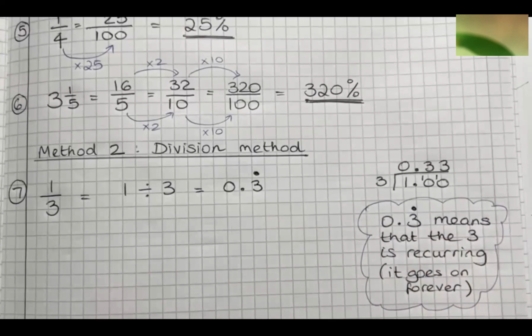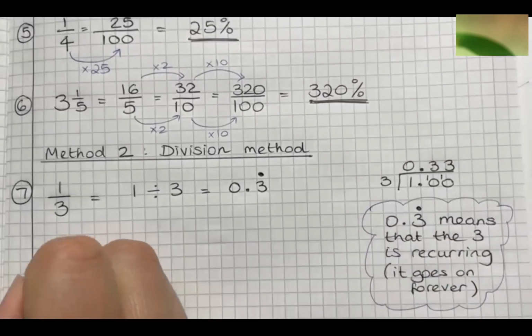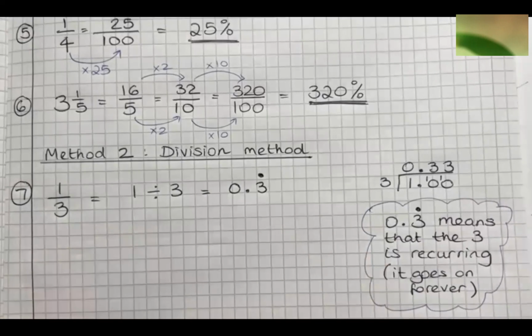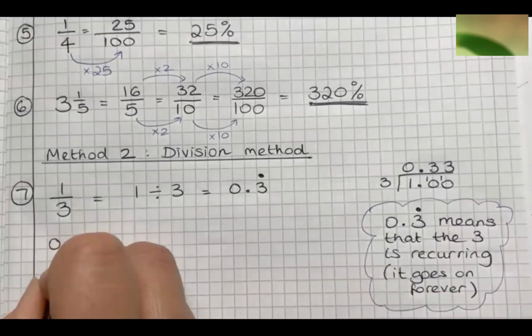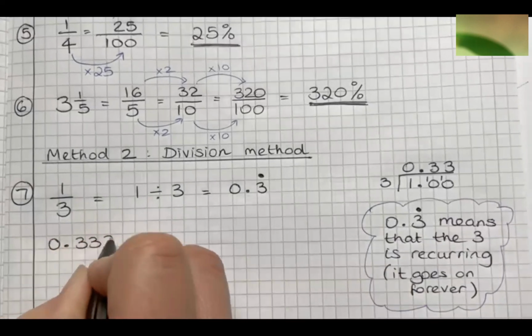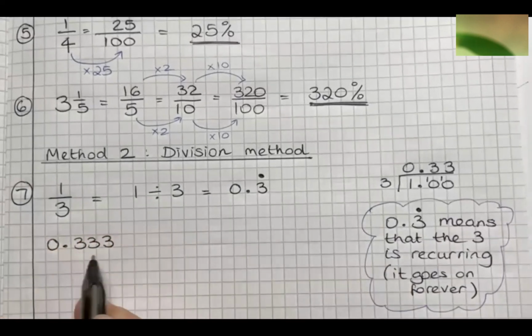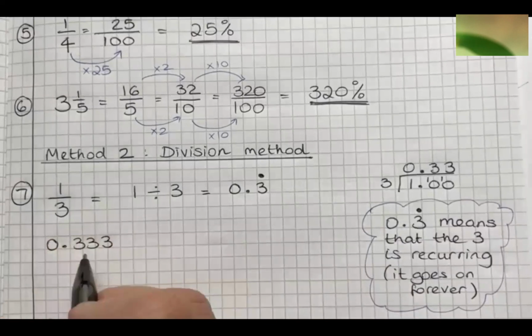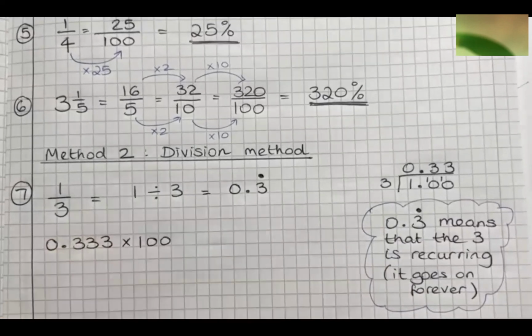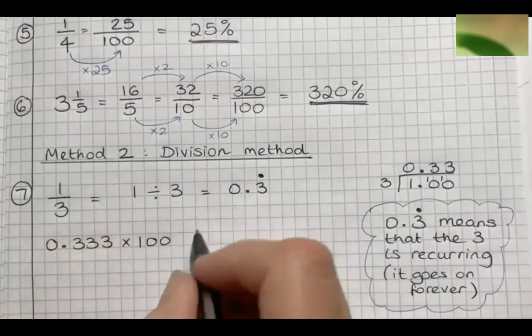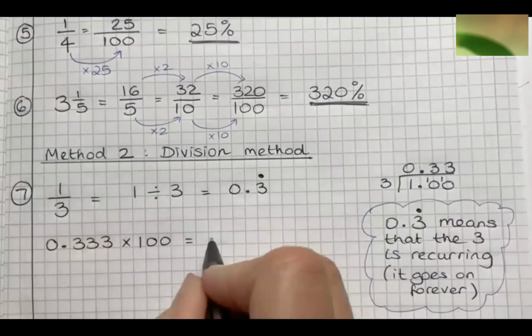So what I've done at this point is I've converted it into a decimal. I want it as a percentage. So I now need to take my 0.3 recurring. Remember, that's what that means. So I'm going to write it out a little bit more in full this time to 3 decimal places. And to convert from a decimal to a percentage, and I'm just going to go through that again in a moment as well, I multiply it by 100.